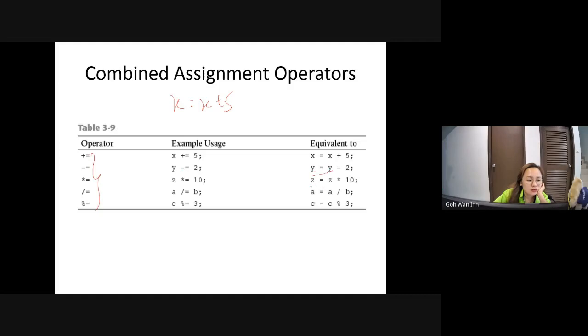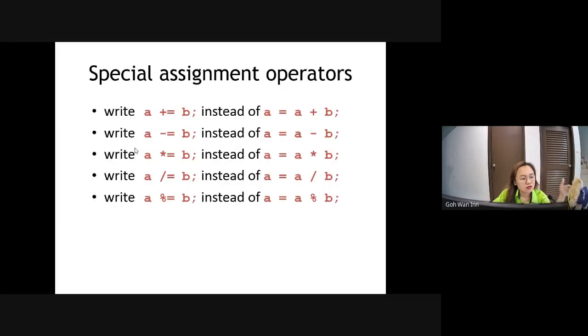Z multiply equal to 10 means z is equal to z multiplied by 10. A divide equal to B means A is equal to A divided by B. C modulus equal to 3 means C is equal to C modulus 3. So these are the operators. There are so many operators, so you need to go through them by doing your own revision. Okay, so this is how you write it.